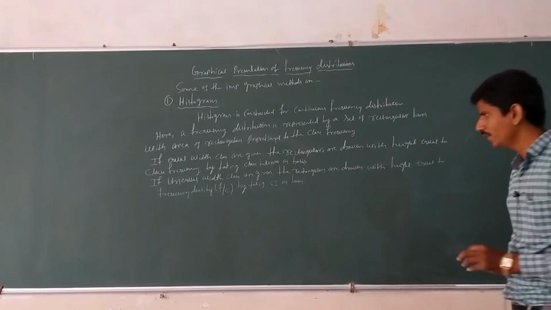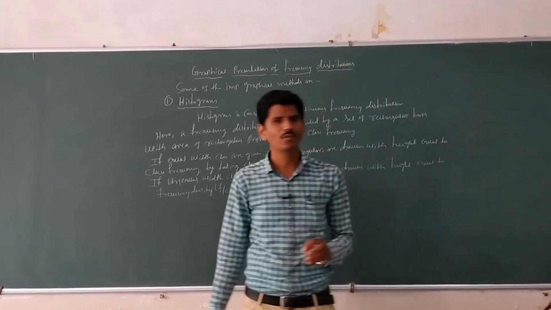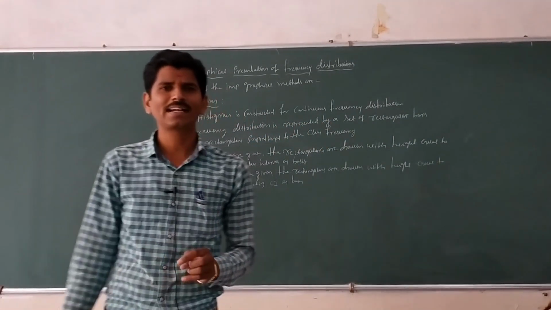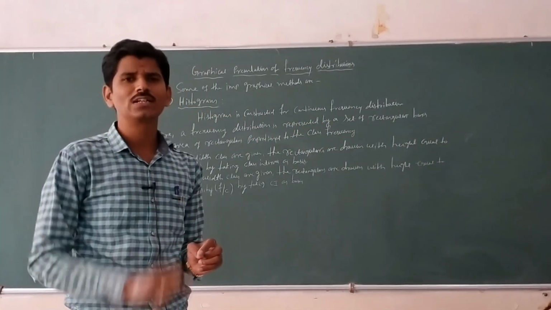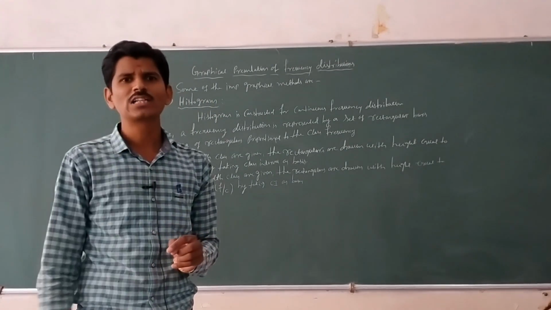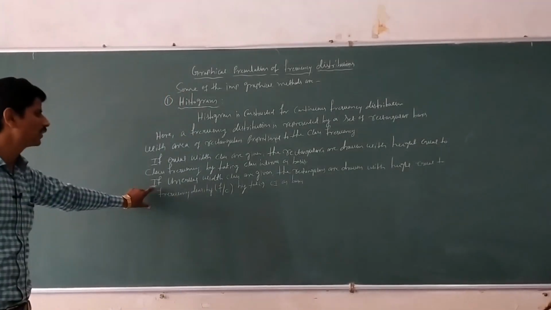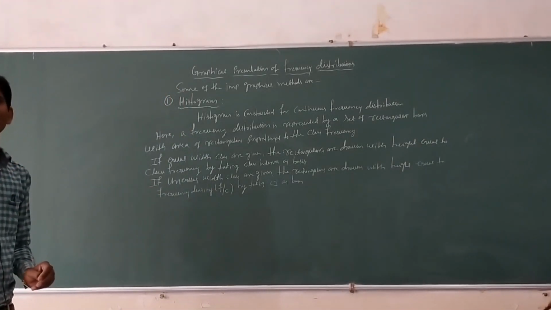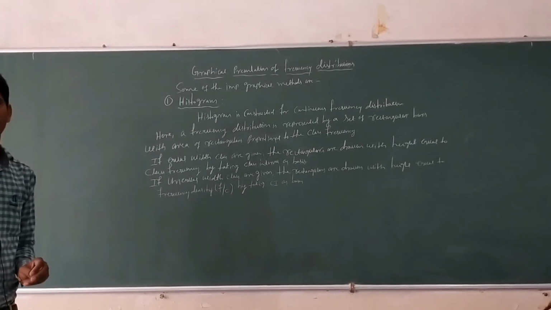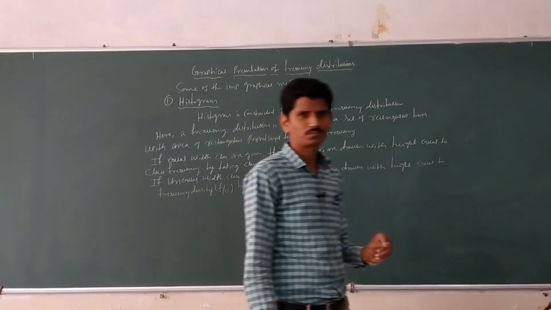You have already learned about frequency density. Then what is frequency density? It is the ratio of class frequency to the width of that class interval. Here you have to find the frequency densities for each value.